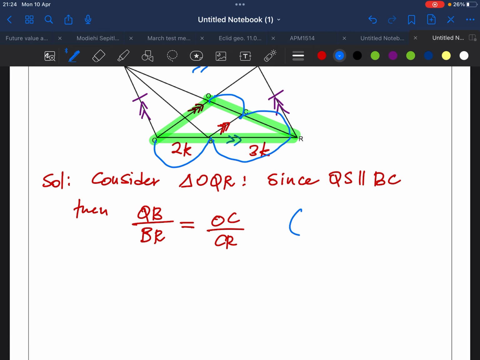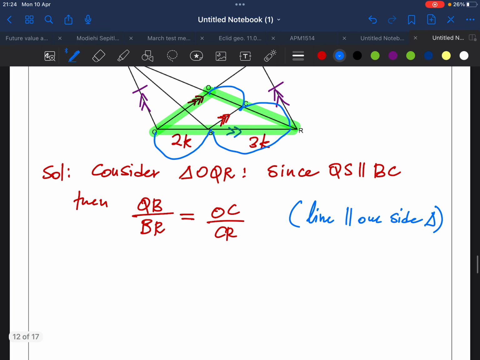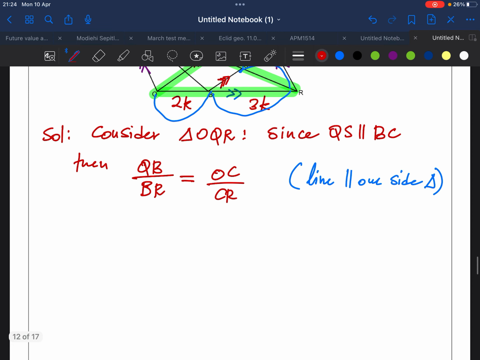When we reason, we say line parallel to one side of our triangle. Remember, you need to reason with prescribed reasoning. Please check your mathematics latest examination guideline. There are those prescribed reasonings for Euclidean geometry.